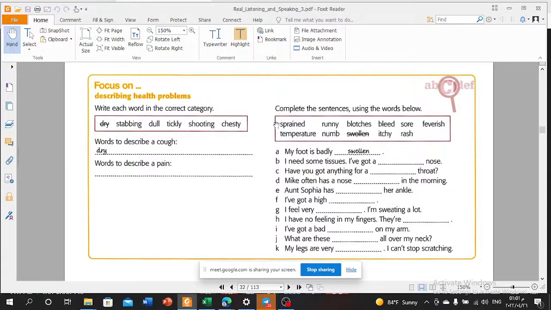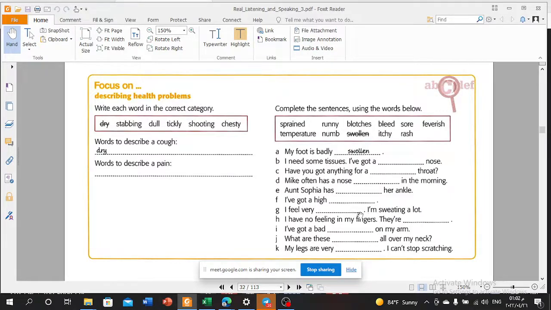Okay, so this is something related to bones, I think. Anyway, I've got a high what? I've got a high temperature. You can describe a temperature when you have a fever. I'm sweating a lot. I feel very feverish.